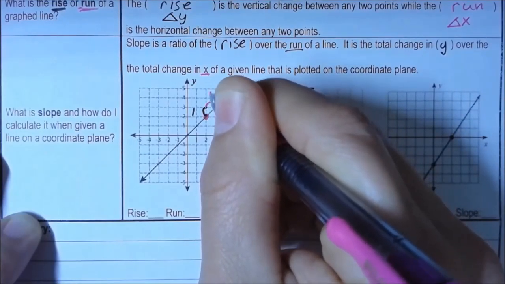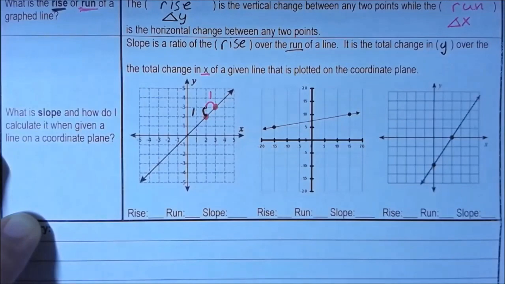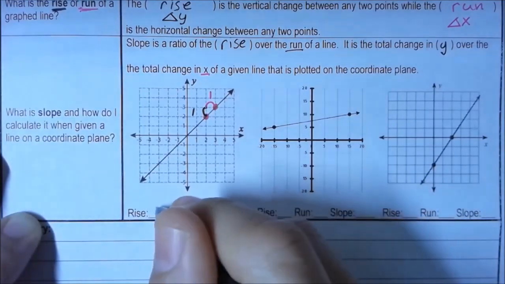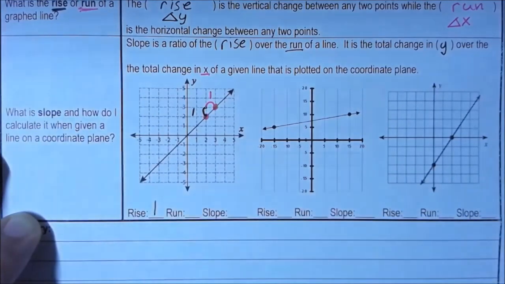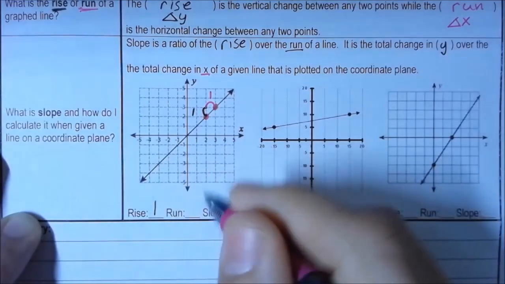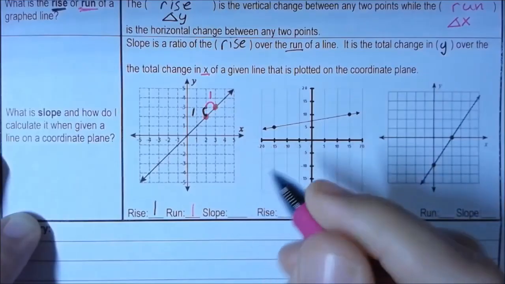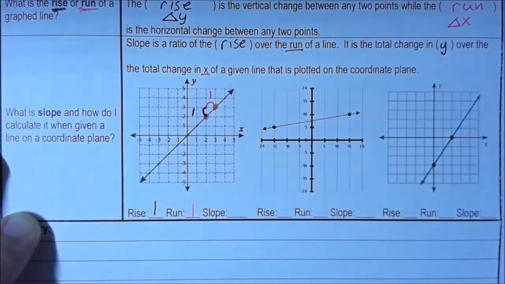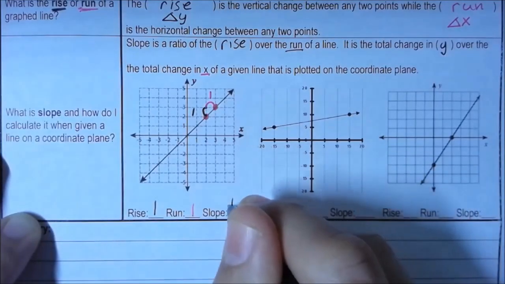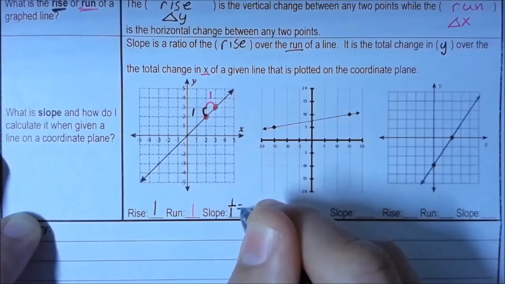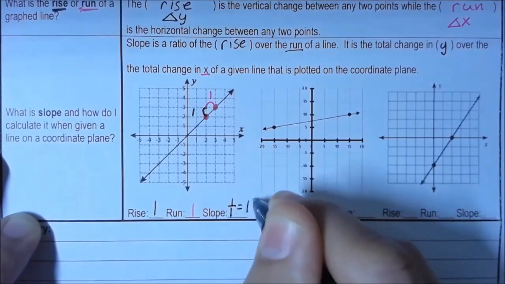So our run is also 1. Our rise is 1, so we write a 1 for rise. It went up 1 unit, and our run went to the right 1 unit. So our slope is going to be 1 over 1, which if you put that in your calculator, just equals 1.